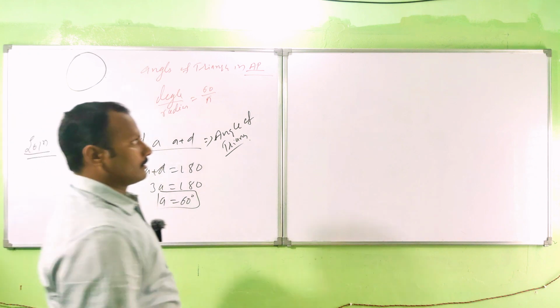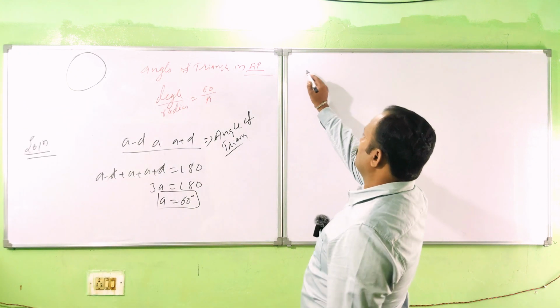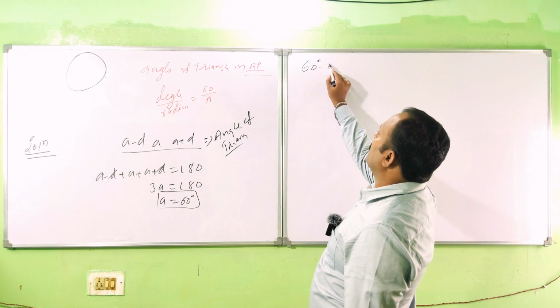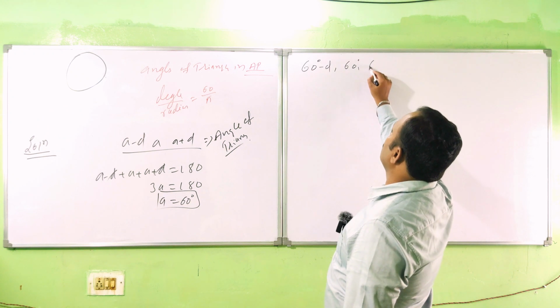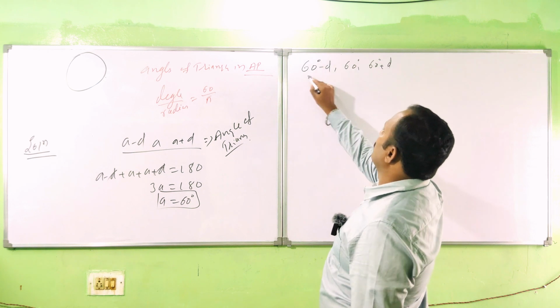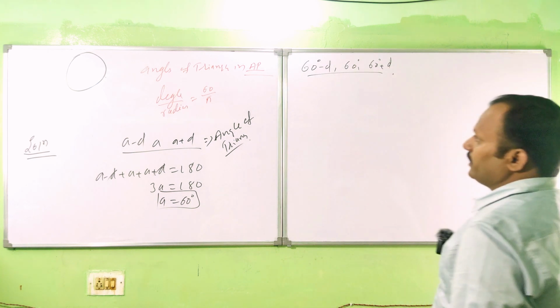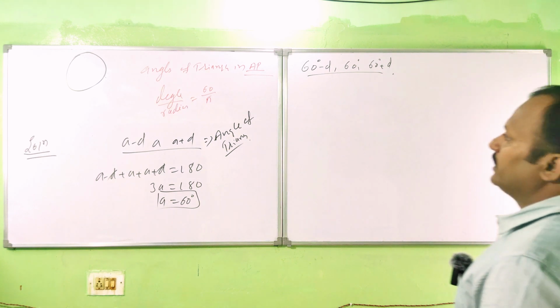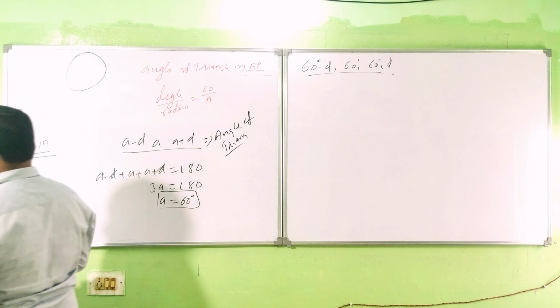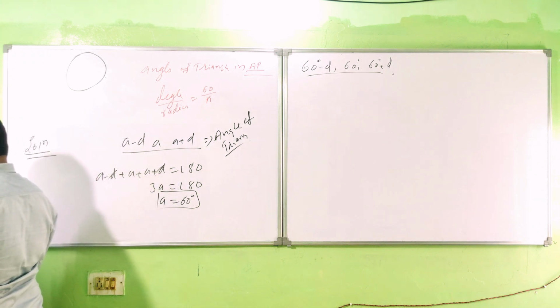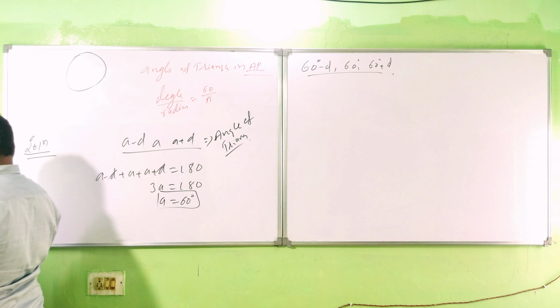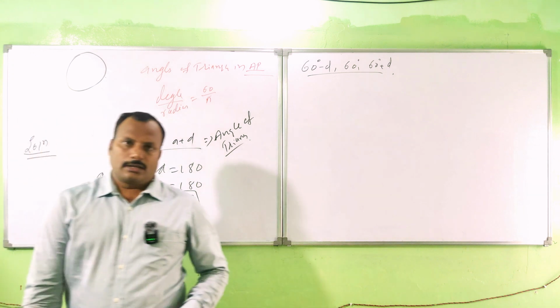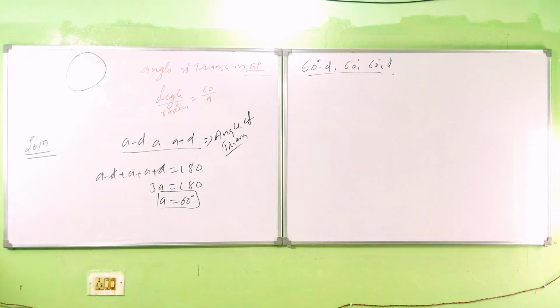The corresponding angles are 60 degree minus D, 60 degree, and 60 degree plus D. Now they have given the ratio of degree to radian as 60 by pi. One angle is in degree and the other is in radian.